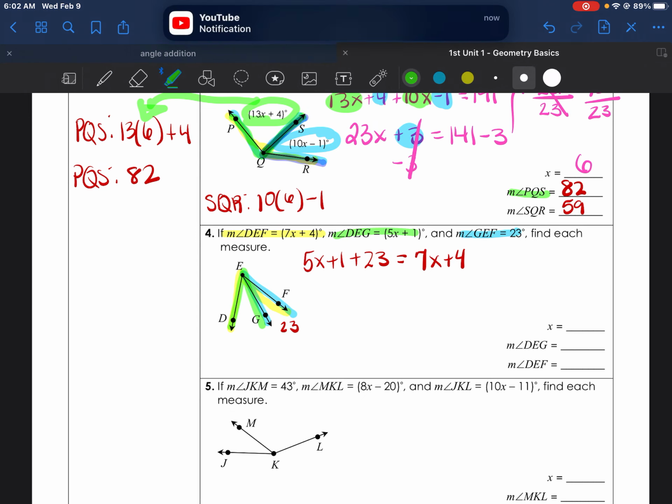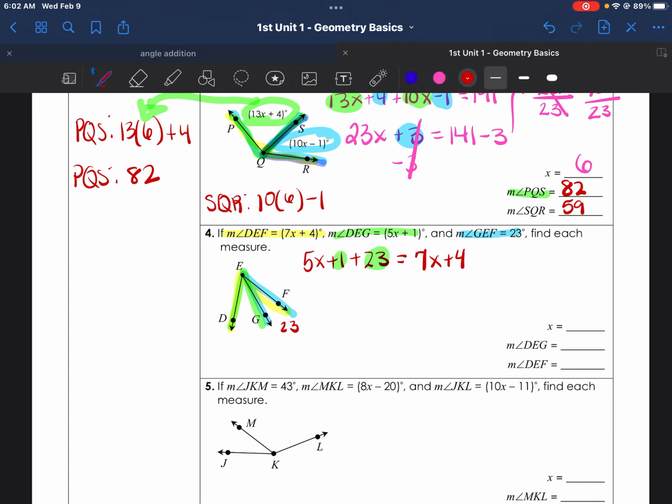Go now, highlight your like terms, 23 and 1. We already know 23 plus 1 is 24. So you're going to have 5x plus 24 is equal to 7x plus 4. Now, like I told y'all in class, move your x to the side with the biggest value.